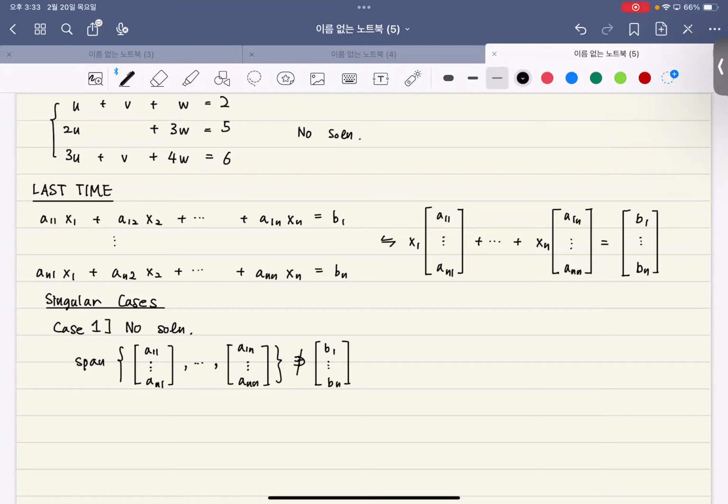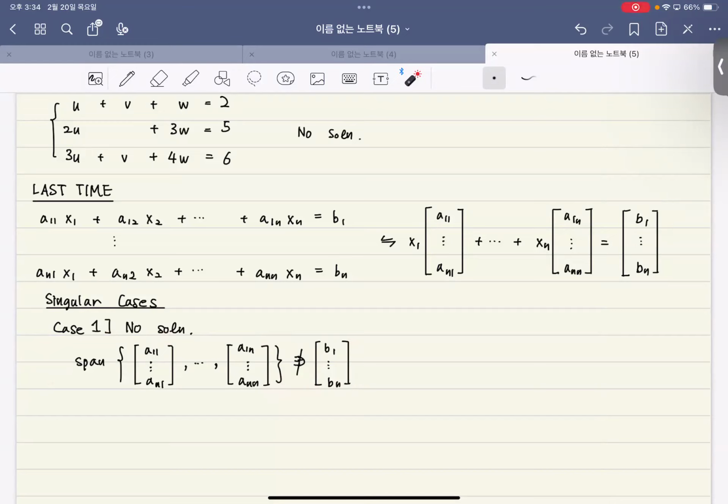What does it mean? Clearly this is a subspace of n-dimensional Euclidean space, and this set does not have this vector as its member, which means that this set can never be the same as Rn itself.